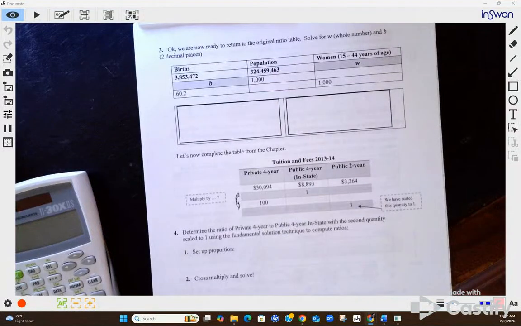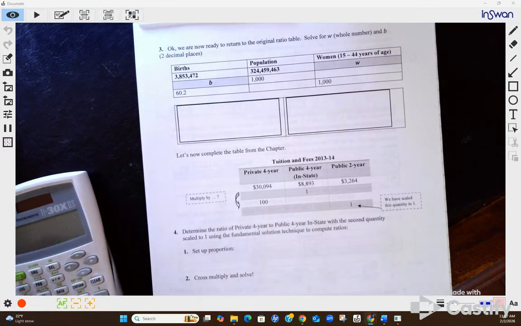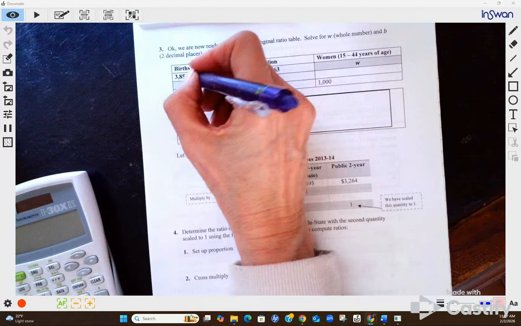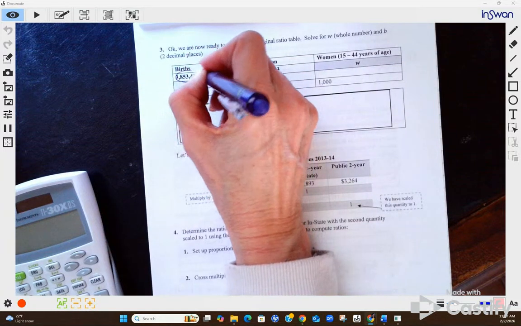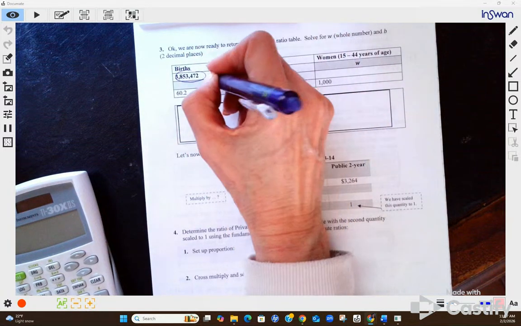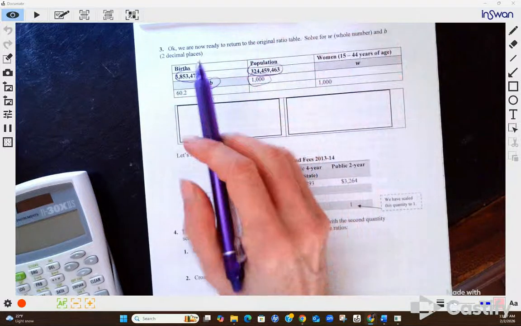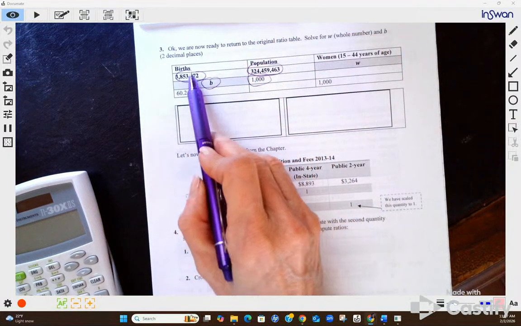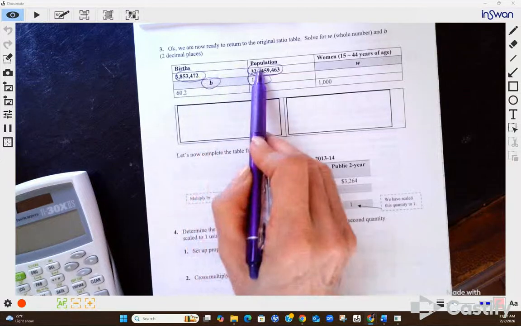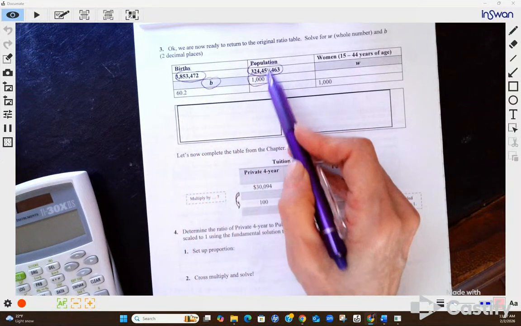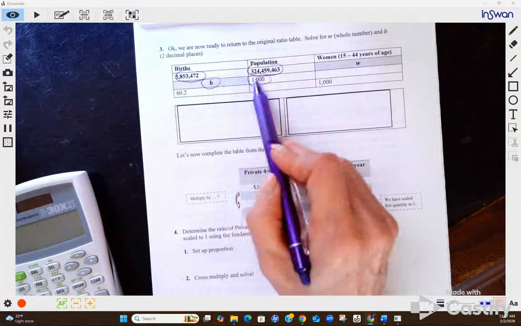Okay, so now back to the table with the larger numbers. So same idea, the numbers are just more complicated. If we want to know what B is, we're going to match up this number with this number and this number with this number, because this number lines up with this number, and that number lines up with this number.